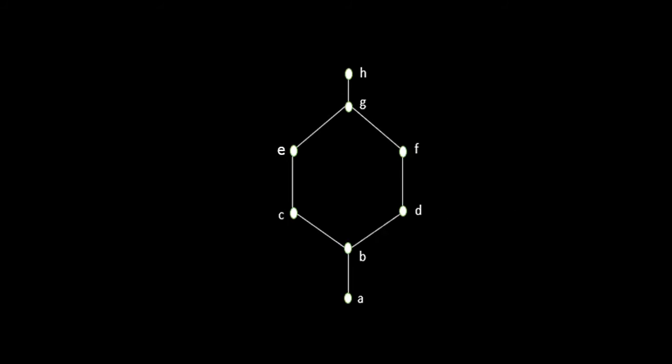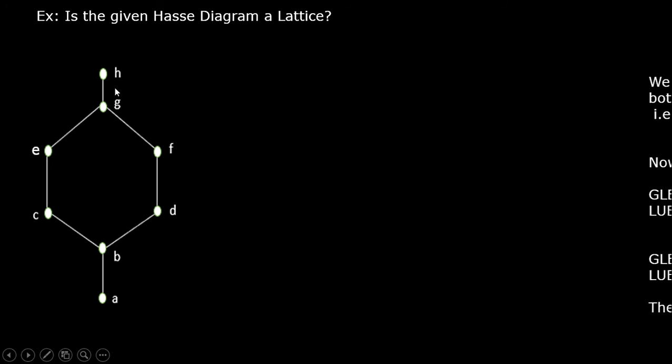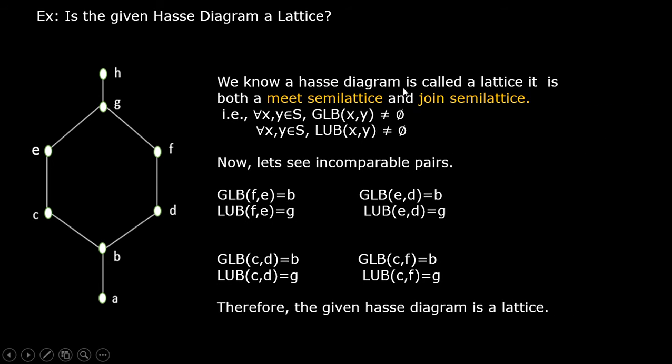Now let's look at this diagram. Is the given Hasse diagram a lattice or not? Let's see. We know that a Hasse diagram is called a lattice if it is both a meet semi-lattice and a join semi-lattice. That means it has both a greatest lower bound and a least upper bound.